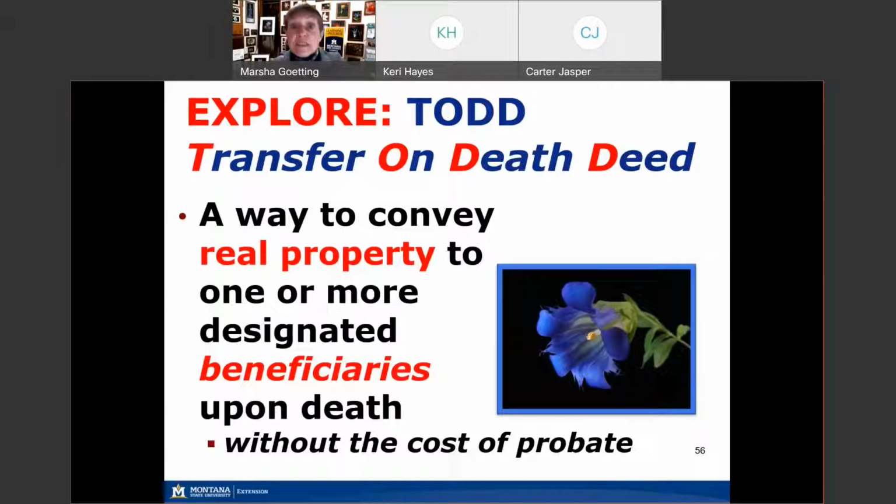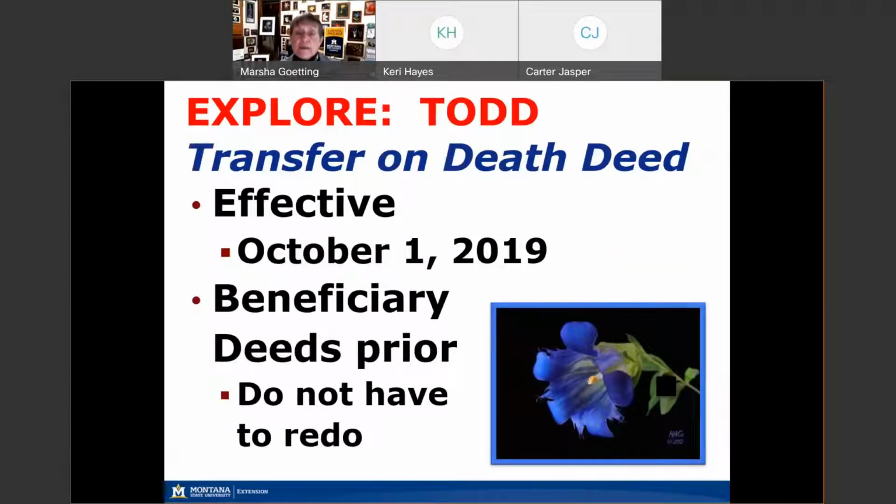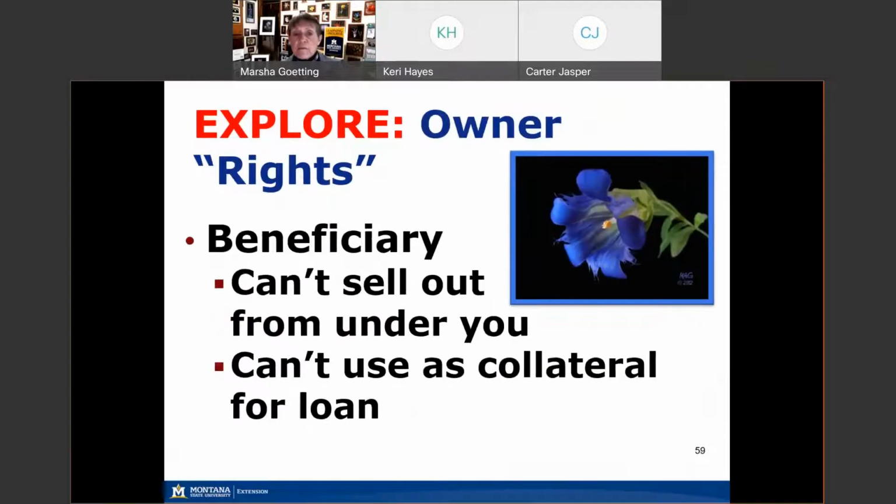You can have $6 million worth of farmland or ranchland out there, and you can transfer that with a TODD, and this TODD has two Ds, and you can have one or more beneficiaries, and there is no cost of probate upon death.